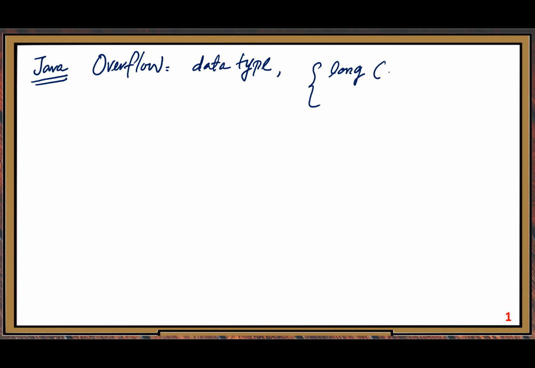If you use long directly, that is signed, positive and negative, because you can represent negative big integers. But another version is unsigned.